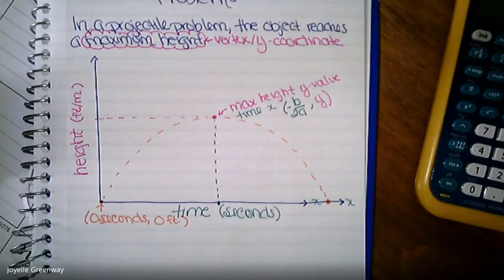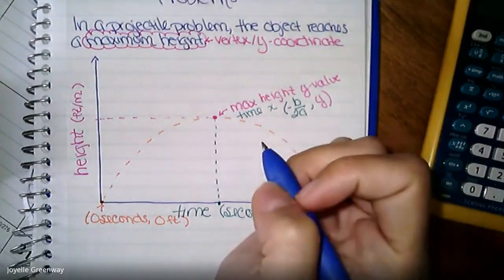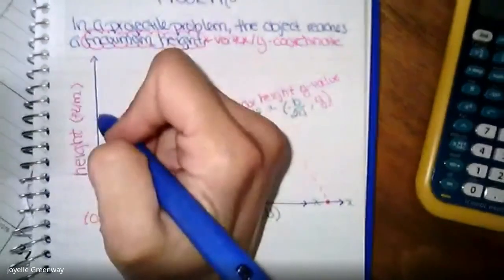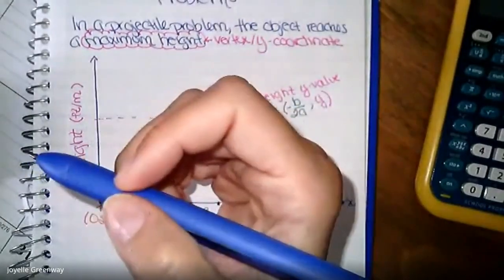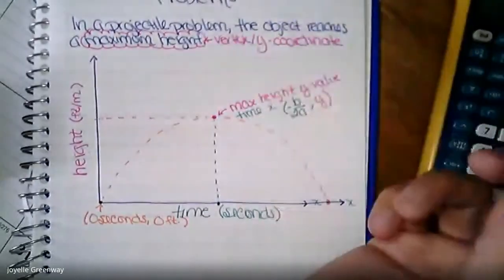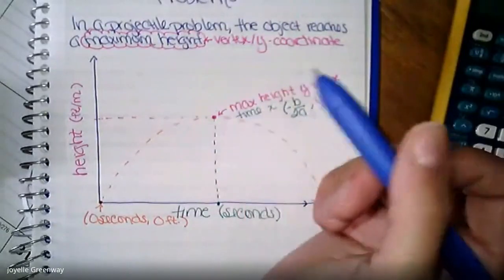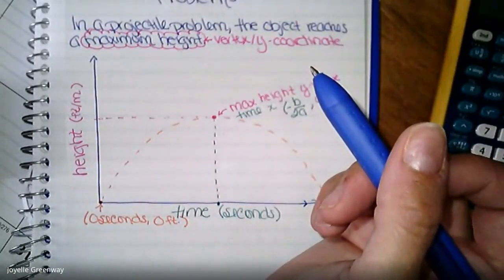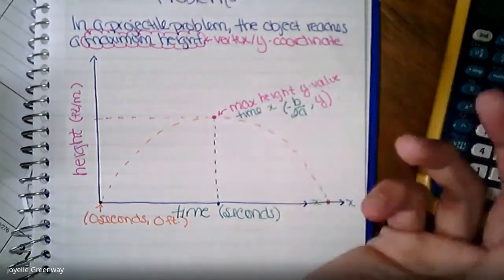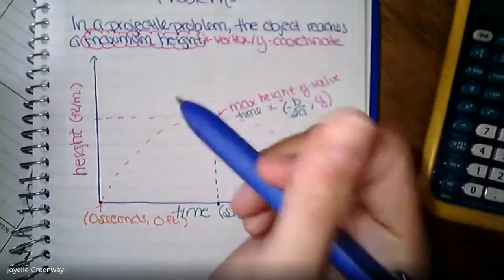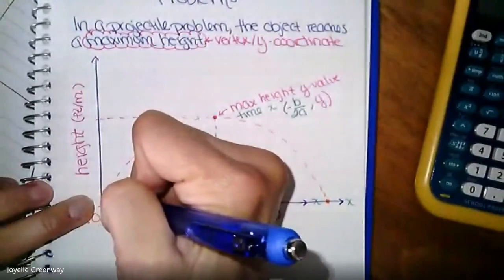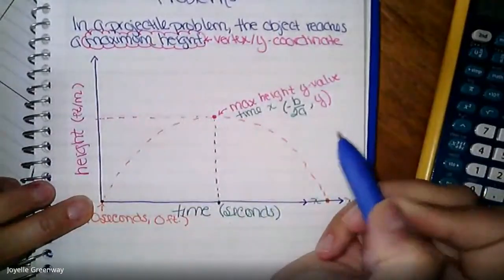Okay, so that's an example of if you were to kick something. Now let's say you are standing on a ladder, and you need to throw something up onto the roof of a house, or get something off the roof. You might not always be starting at height 0, is my point.